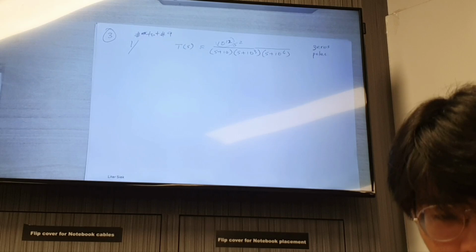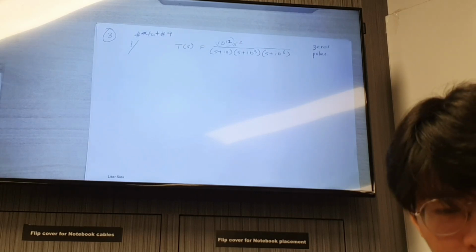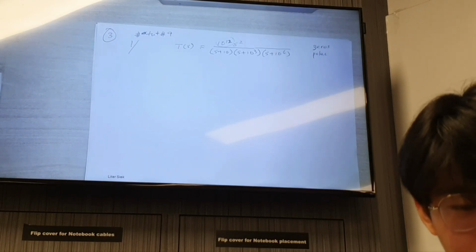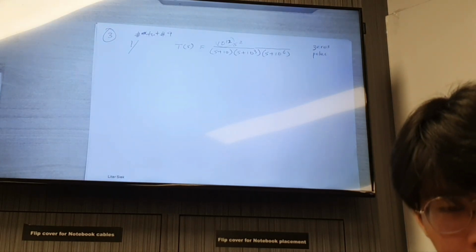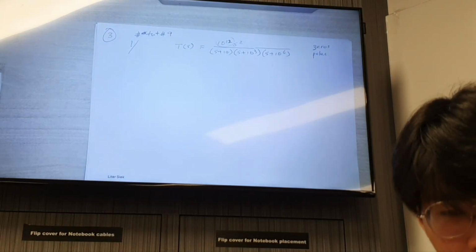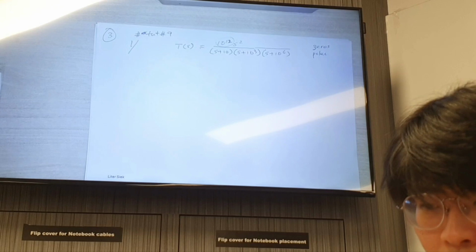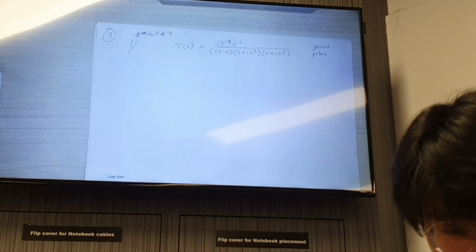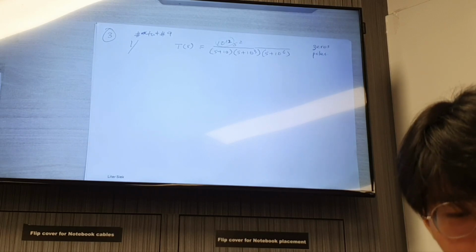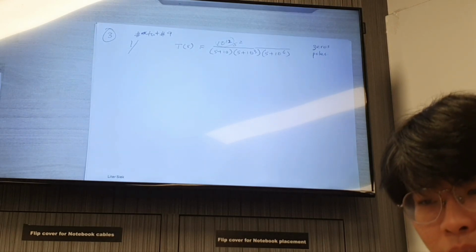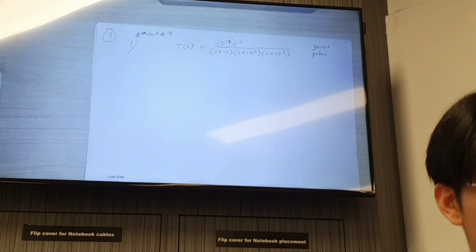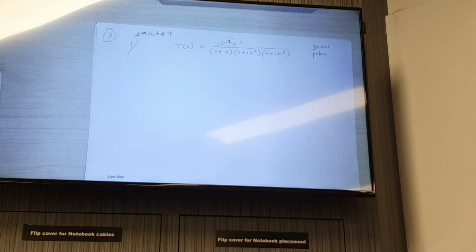Poles, on the other hand, are at the denominator. When poles increase, the gain drops. As the pole increases, the denominator starts to increase, so the overall transfer function starts to decrease.